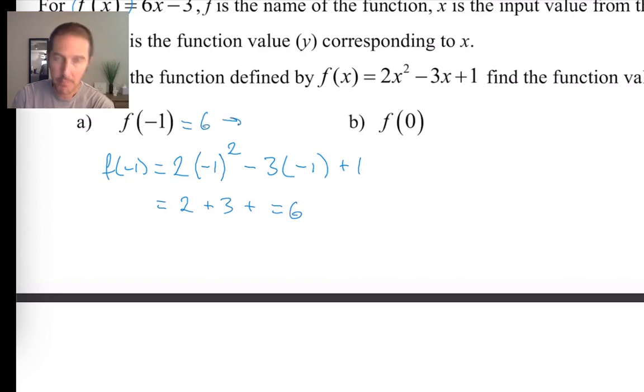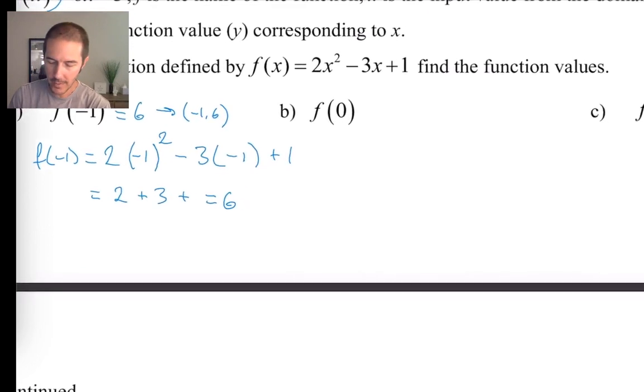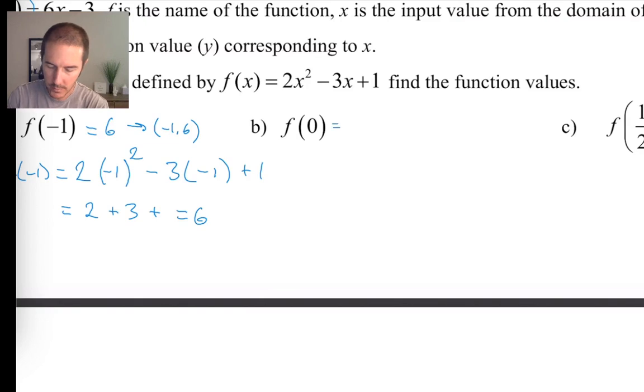If we were going to plot this point on the xy coordinate plane, we would plot the point -1, 6. Input, output. Let's try f of 0. This is equal to 2 times 0 squared minus 3 times 0 plus 1.